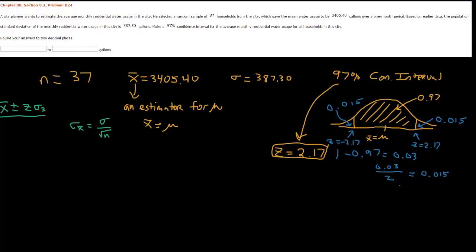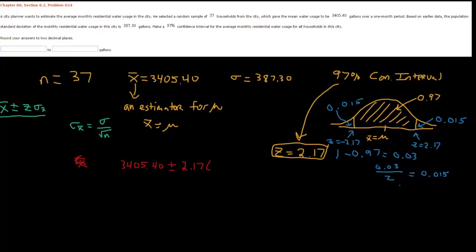Okay, so let's go down here and let's see about our answer. So we can say x bar, what is x bar? That is 3,405.4 plus or minus z, we found z was 2.17.